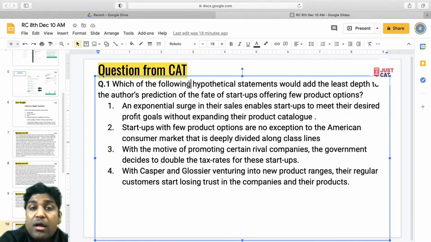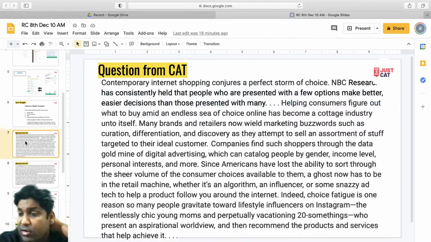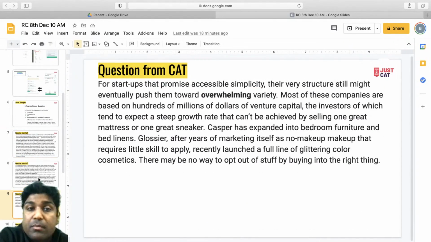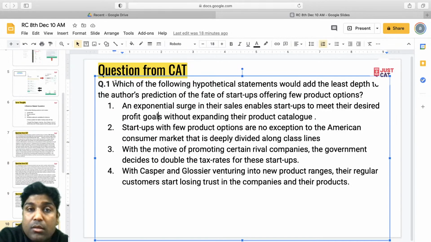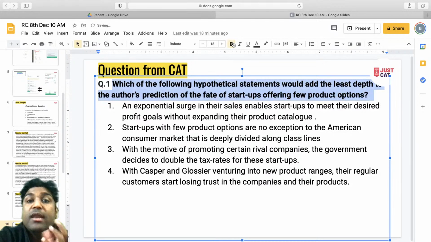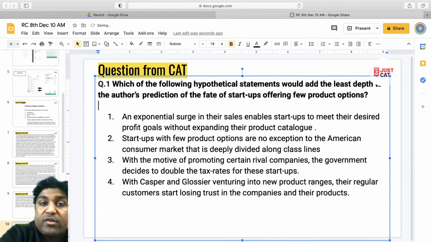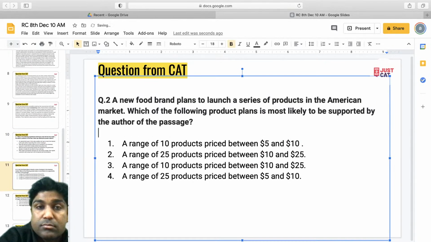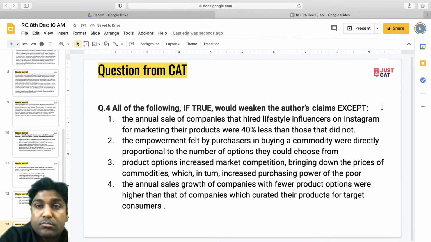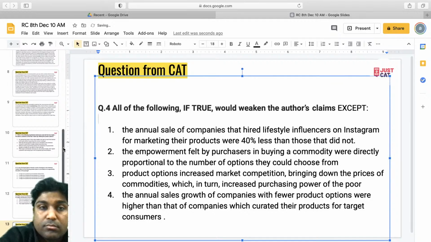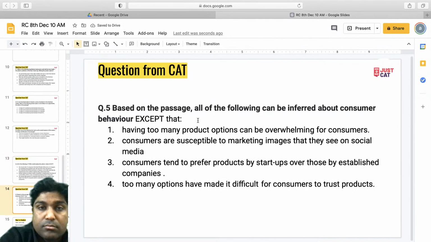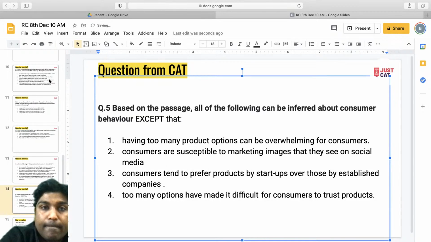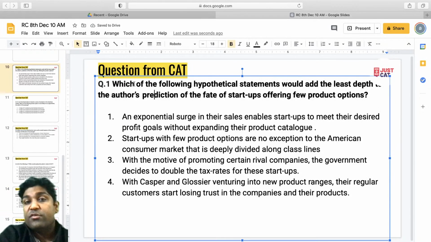So what we were doing, we were reading the passage, and we were explaining it in our own language, right? And then we were trying to solve the question.